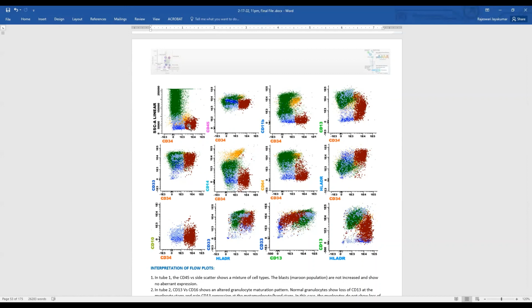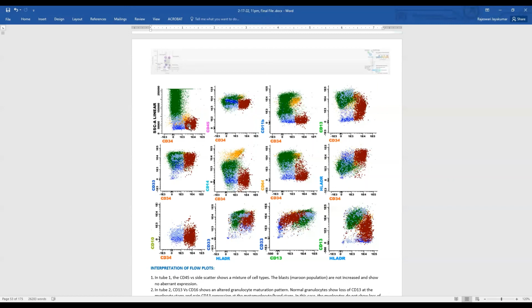So when a granulocyte is expressing both 117 and 15, or 34 and 15, that is asynchrony. So you will see those kinds of expression. Similarly for monocytes, they should not express CD117. The monoblast can sometimes express 117, but then as they mature, they don't express 117. But when you see both the mature markers and 117, that is asynchrony. You can see that, or there can be aberrant expression of 16 and 56.